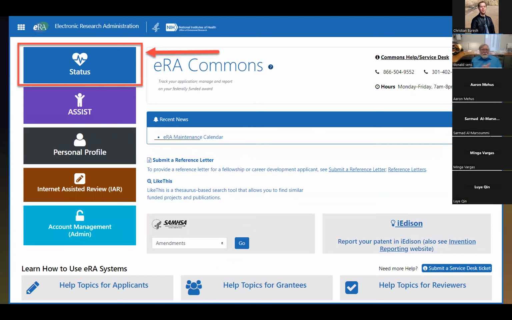Okay, this is a picture of your eRA Commons. If you don't know what it is, you need to find out. This is how the NIH communicates with you on your grant to a great extent. You have a Commons account.